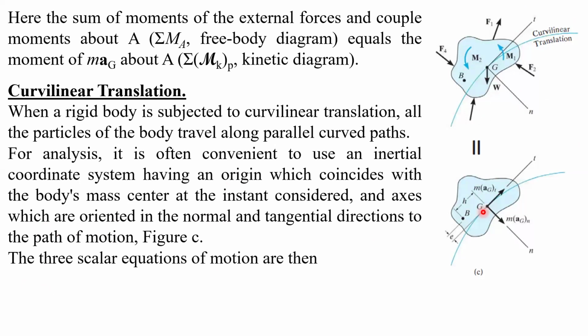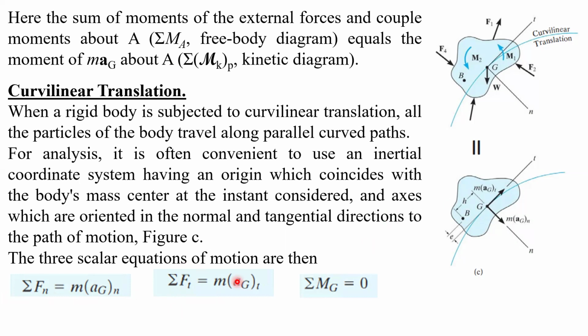So the three scalar equations of motion are there. Summation Fn, that is the sum of the forces in the normal direction, gives us this. The summation of all the forces in the tangential direction is this. And then the summation of moments about the mass center is 0 because there is no rotation.